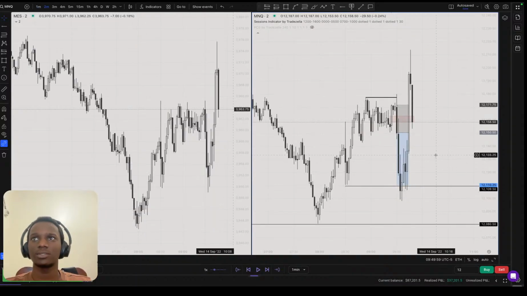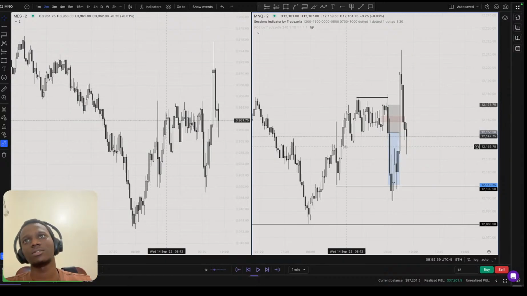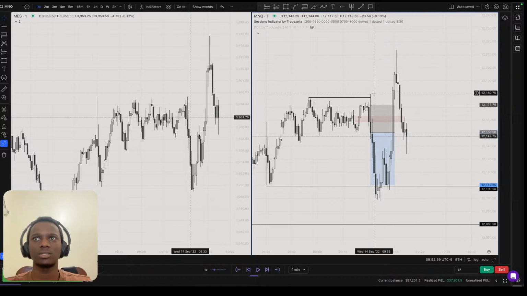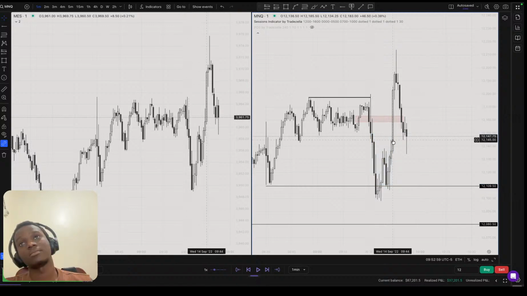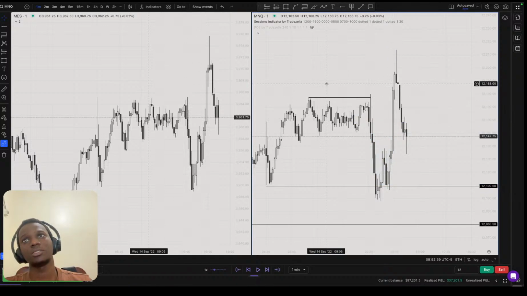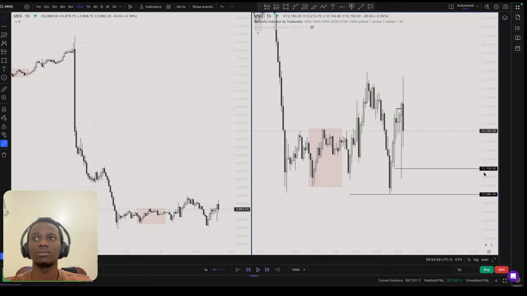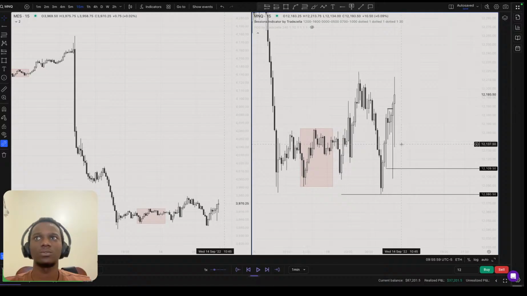And I think there was also another terminal inverse here, so there's no chance of continuation. I was saying that maybe if you can find a way to long it and target this high here. But yeah, this was really a great run, even though price is doing wicks on wicks.